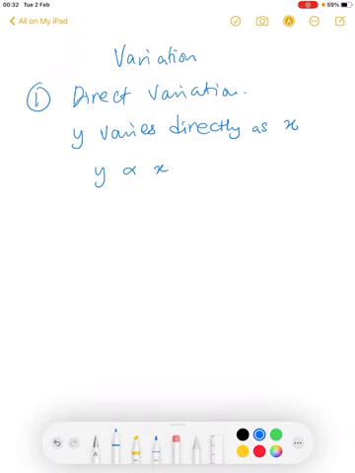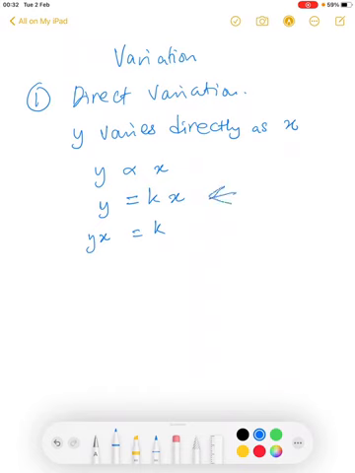So when you want to find the equation of y in terms of x, first we change the proportional symbol into equals to k, so y equals kx. Then you try to find k by substituting the values of y and x. Once you got the k, you can substitute back into the equation.